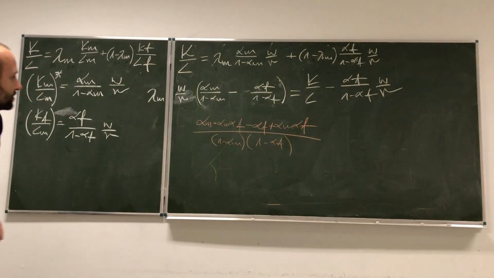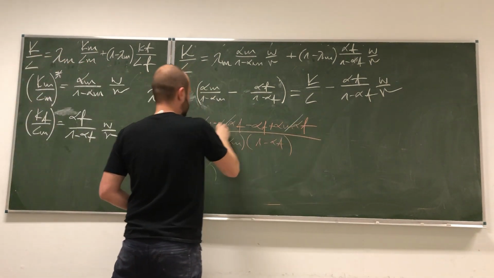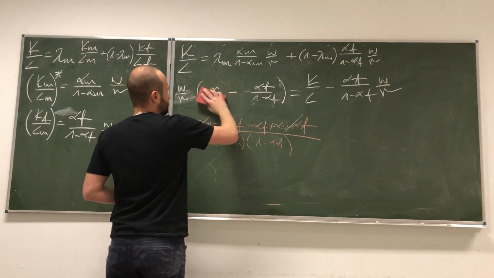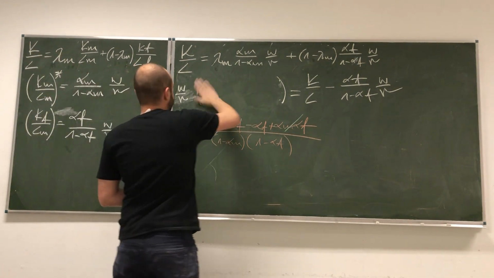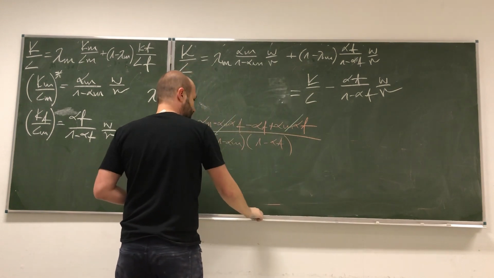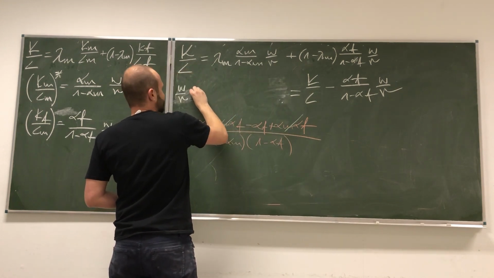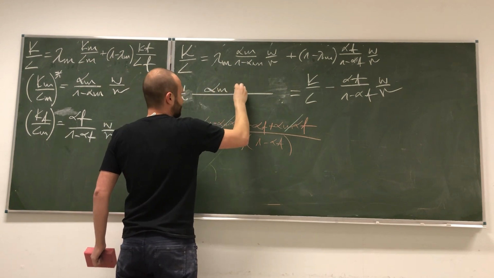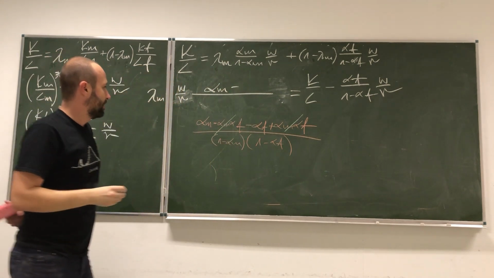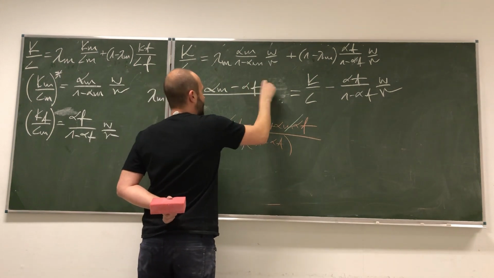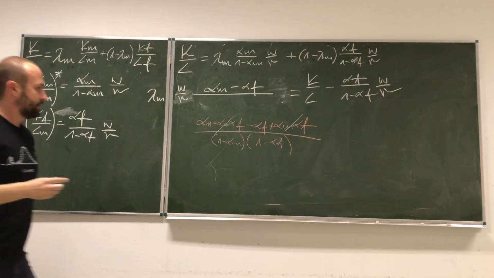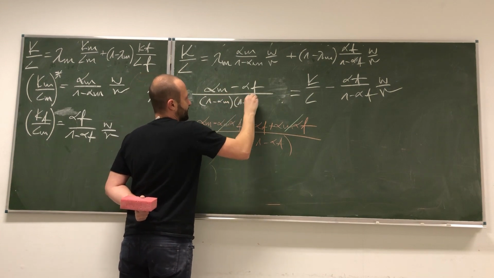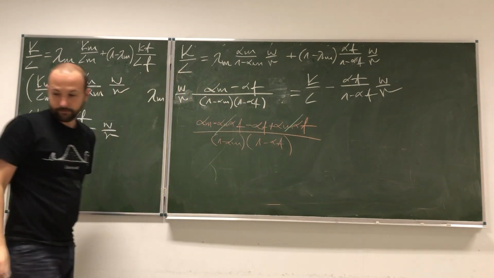Again, those two cancel each other out, so I can rewrite this expression as alpha m minus alpha f divided by 1 minus alpha m times 1 minus alpha f.